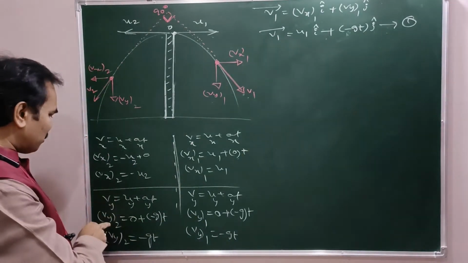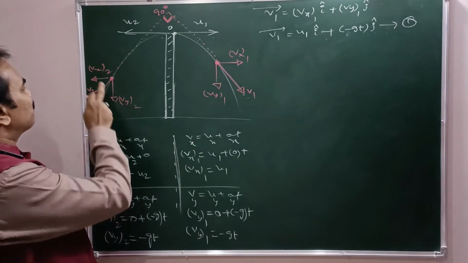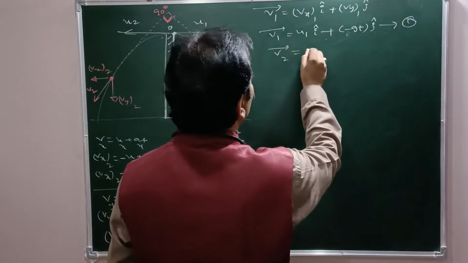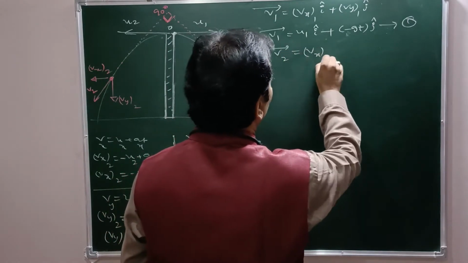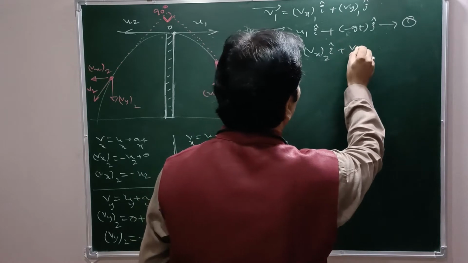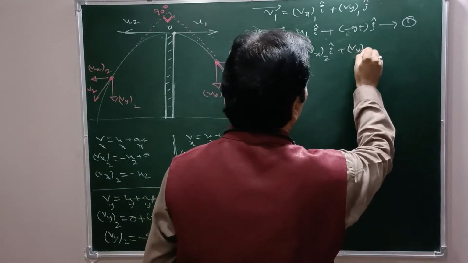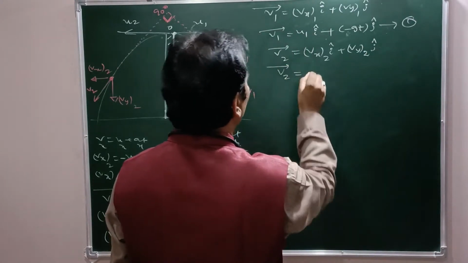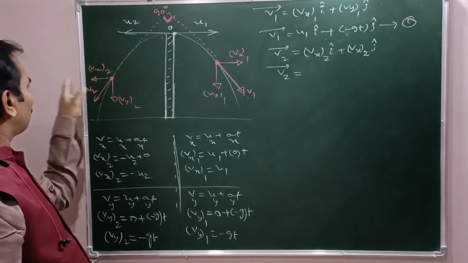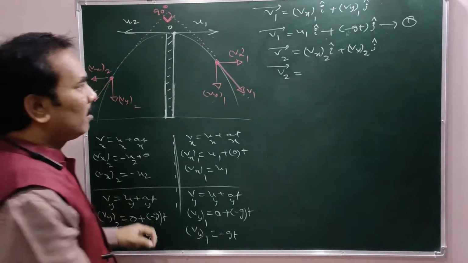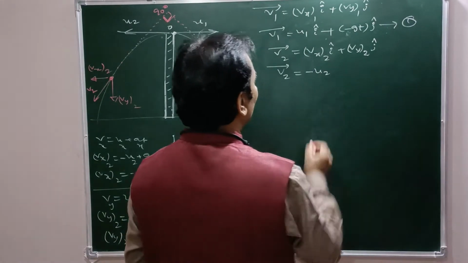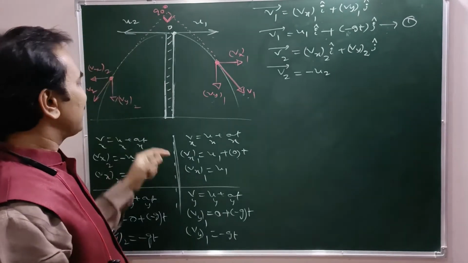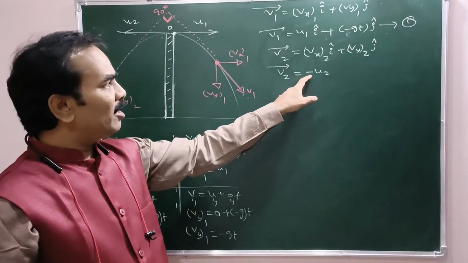Similarly, we can express v2 also in terms of components. That is v2 bar can be written as vx2 into i cap plus vy2 into j cap. That is v2 bar equals vx2, which is minus u2 into i cap. The negative sign is already taken, so no need to take it one more time.